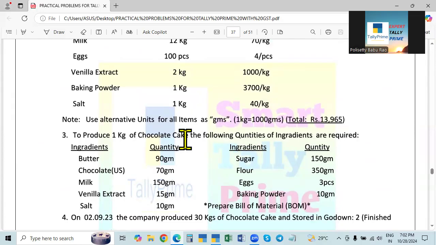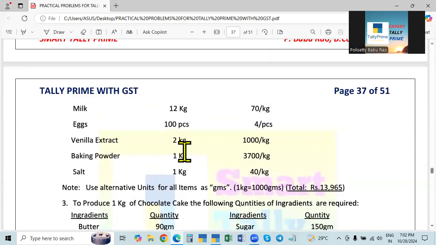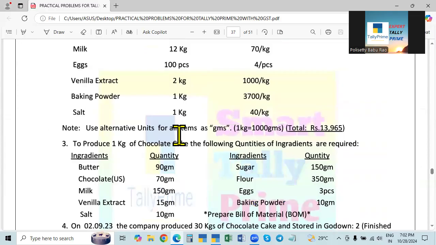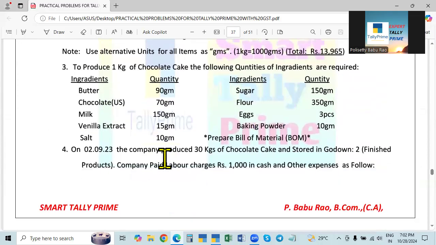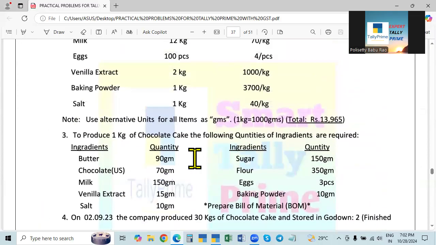To make one unit of the finished goods, we require different materials in a different unit. We purchase in kgs and manufacture the finished product also in kgs. But for manufacturing one unit of the finished goods, we require the raw materials in another unit, that is grams. For the overall manufacture, more items and more quantity, you require kgs.